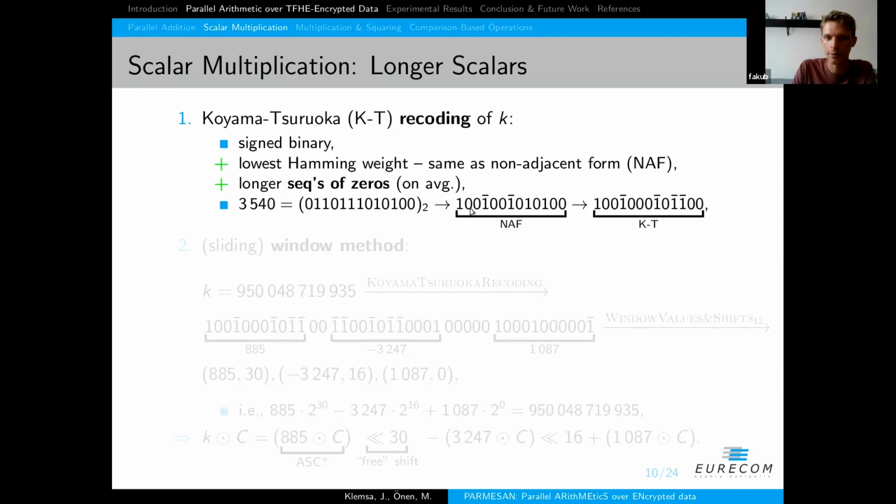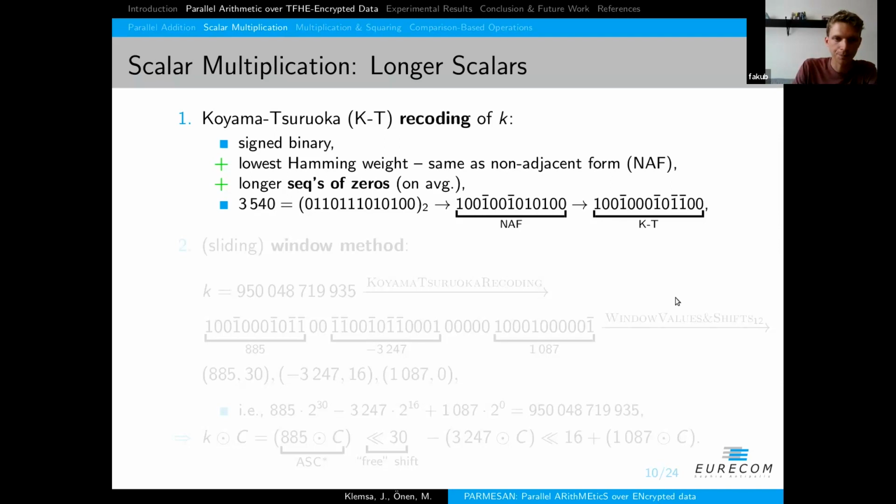Here we can see sequences of length 2, 2, 1, 1, 2, so the average is somewhere below 2. Whereas here we have 2, 3, 1, 2, so the average is 2. So the average length of zeros is longer than in non-adjacent form.